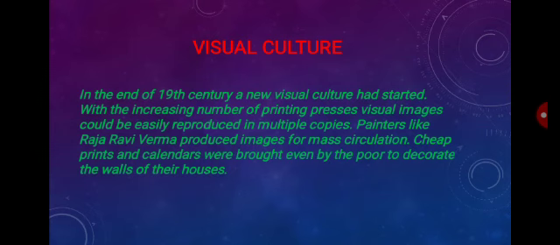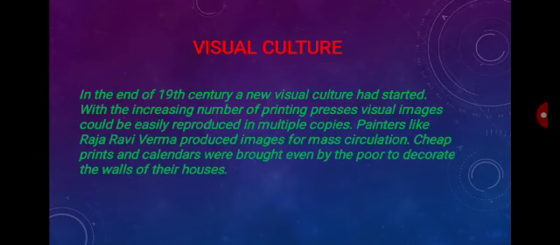Now it was the time when poor people could afford these printed materials also. For example, Raja Ravi Verma was a great painter and his paintings were very expensive. Now the images of his paintings for mass circulation were available in the market because these images were available in printed form also.